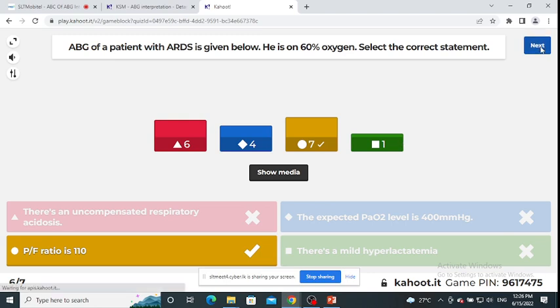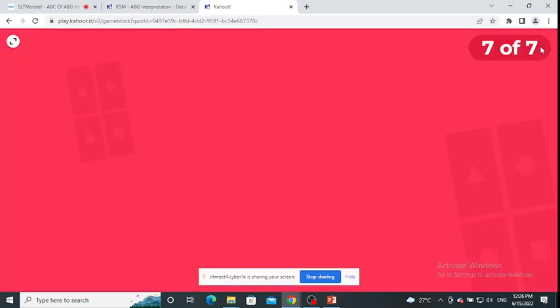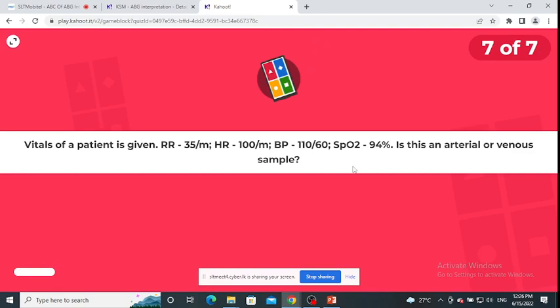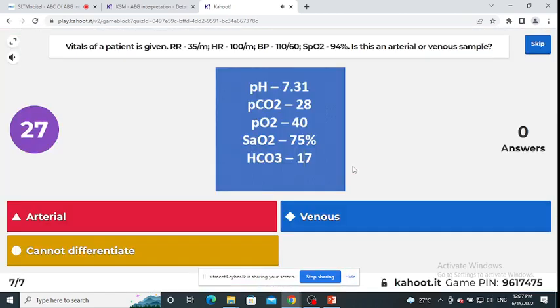Right, the last. MW, you are leading. The last question. Vitals of a patient is given. Respiratory rate 35. Heart rate, blood pressure and saturation is 90. It's simply asking whether this is an arterial or venous sample.